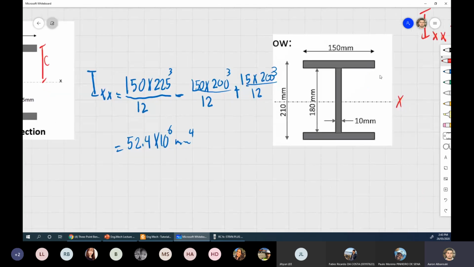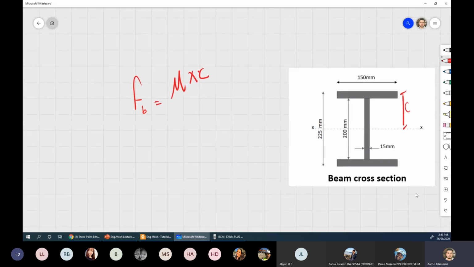It's always the maximum distance from the neutral axis. That's C. The moment value, we get it from the beam analysis, from looking at the entire beam together. Get the bending moment diagram, we'll find the maximum moment, that will be our moment value, and divide by Ix or Iy, depending on how the beam is bending. We'll talk about this more.